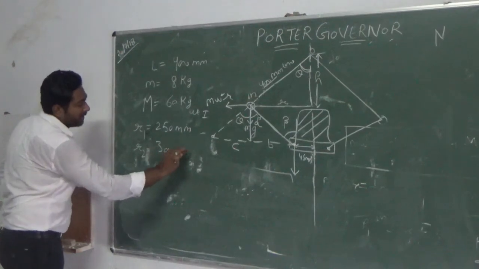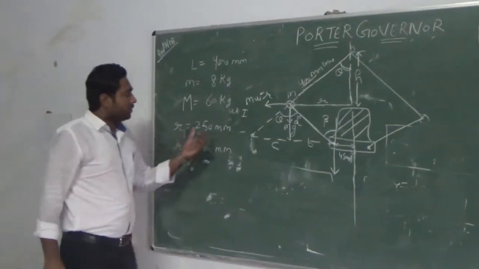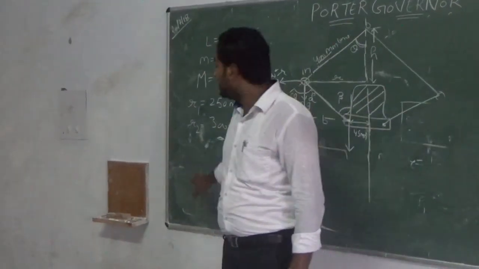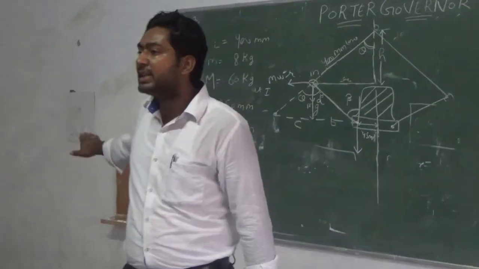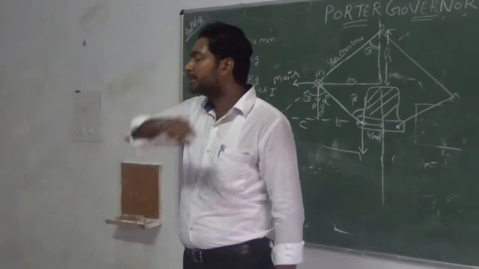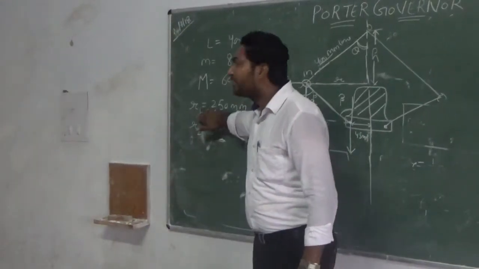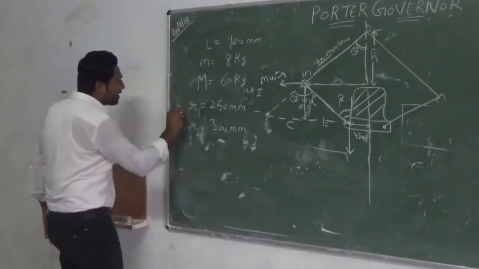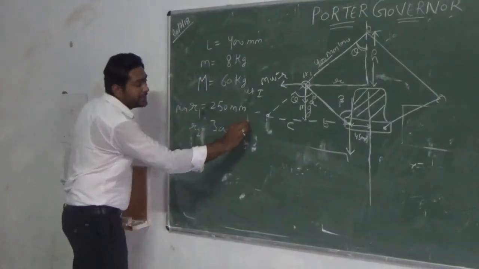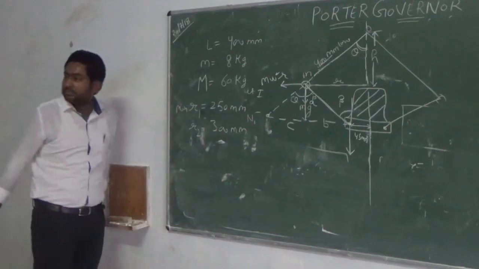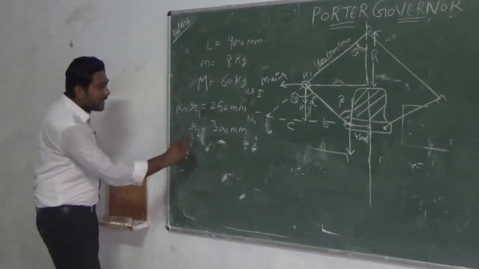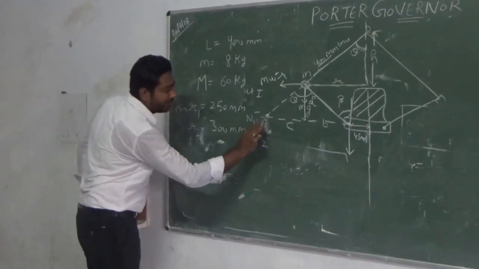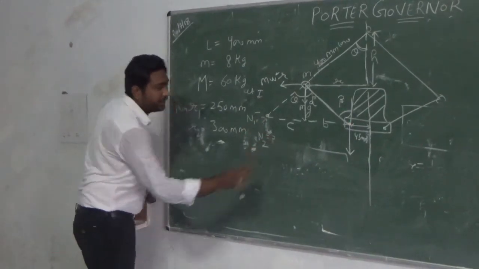Which radius is minimum and which is maximum? R1 minimum, R2 maximum. At R1 speed is n1. At R2 speed is n2. You find n1 and n2.